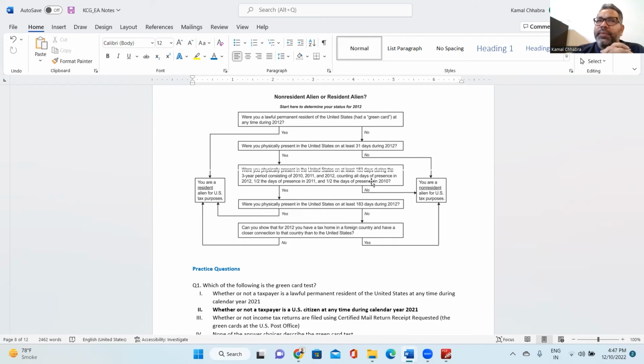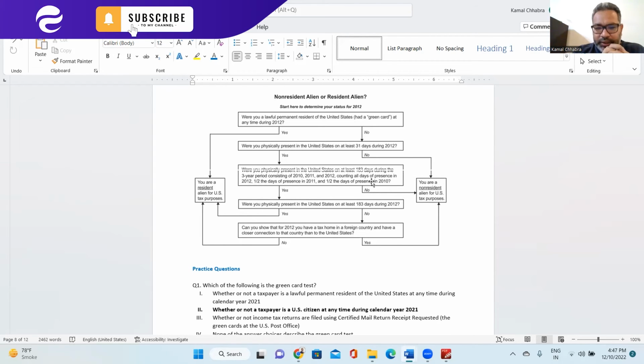But in the current year, if you have stayed for more than 31 days, then you will be asked the next question: were you physically present in the United States for at least 183 days during the 3 year period, considering the previous 3 years, counting all the days present by 1/3 and 1/6, right?